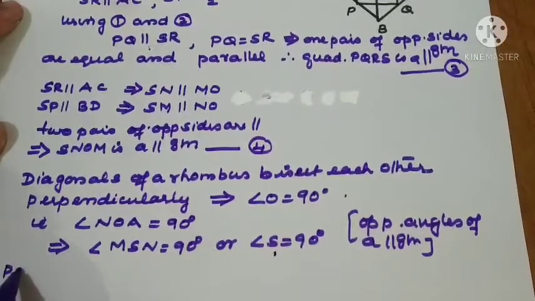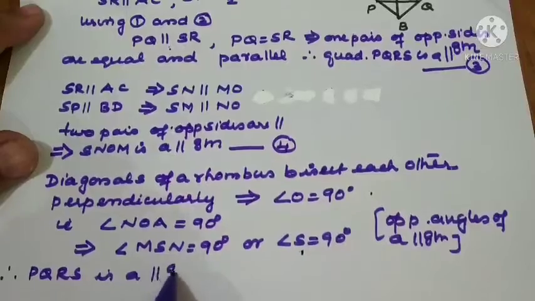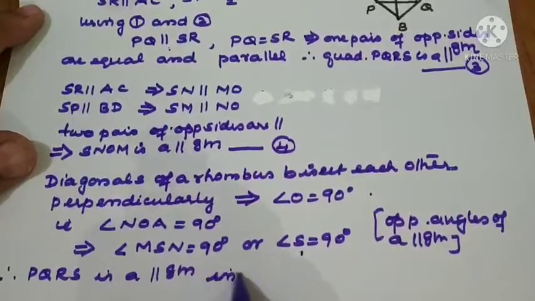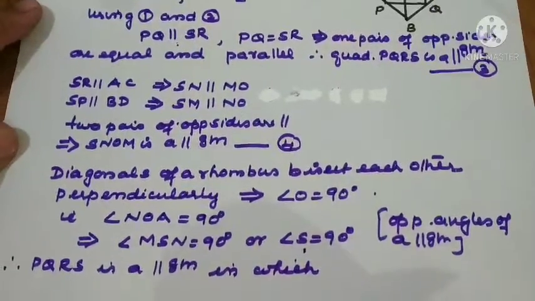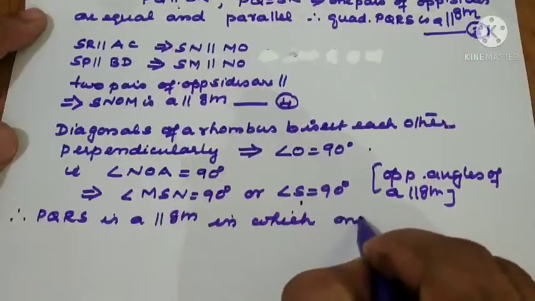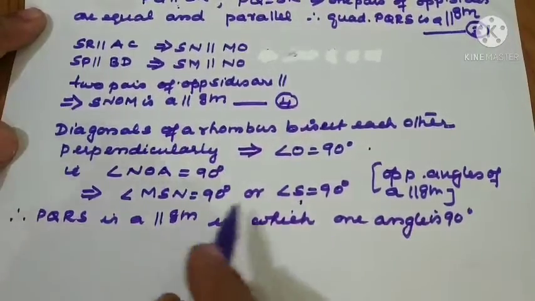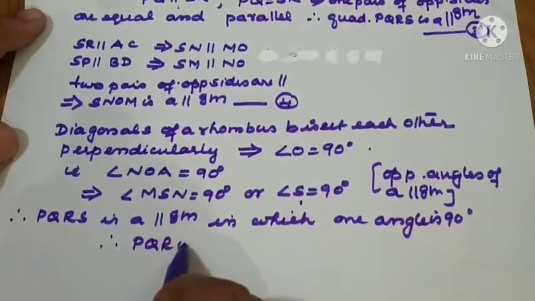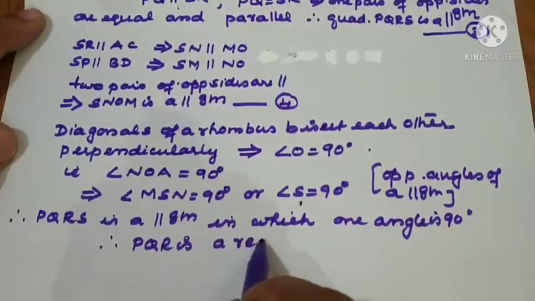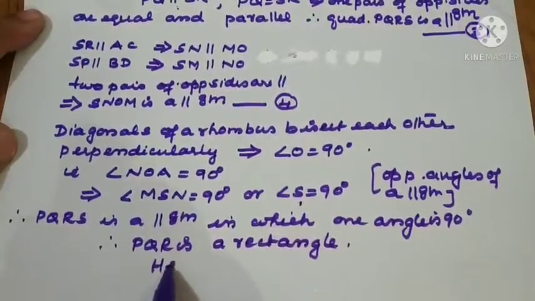So I'll write here, therefore, PQRS is a parallelogram in which one angle is 90 degree, that is angle S. Therefore, PQRS is a rectangle. Hence proved.